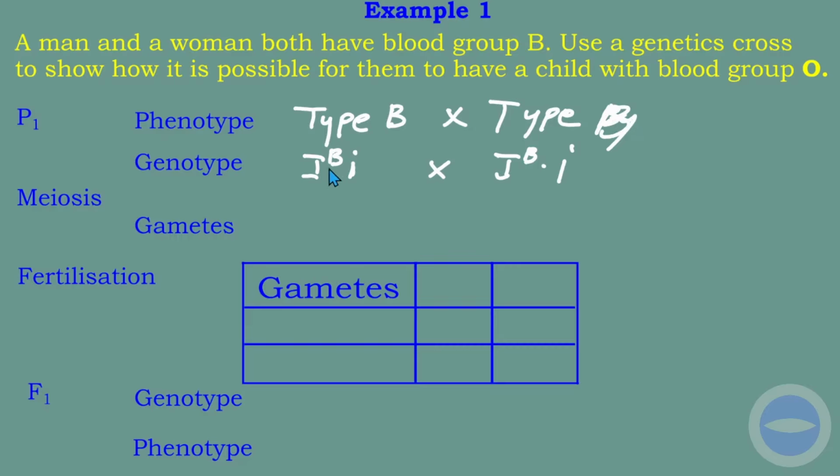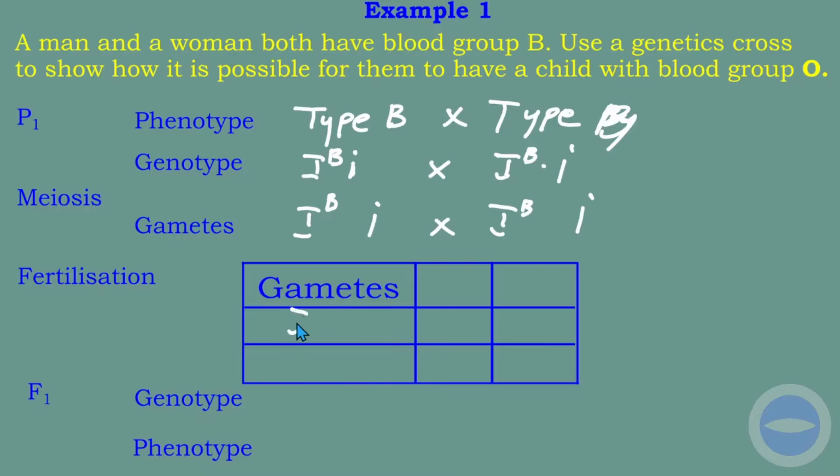These genotypes will undergo meiosis, or the process of segregation. We will have IB and i crossing with IB and i. These are the gametes. So we put these gametes on the Punnett square.